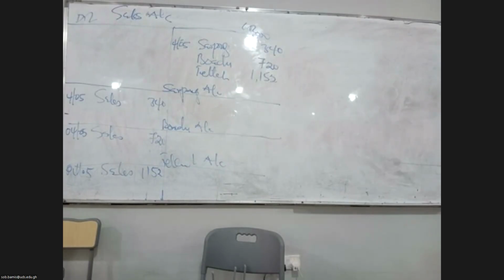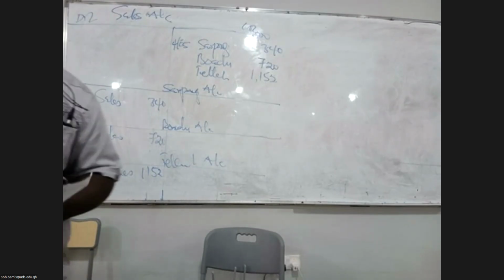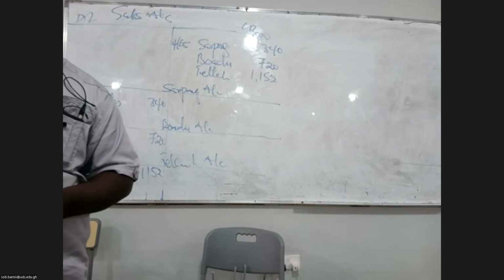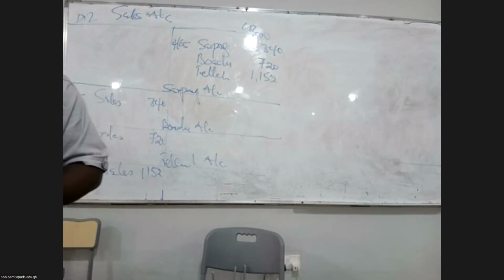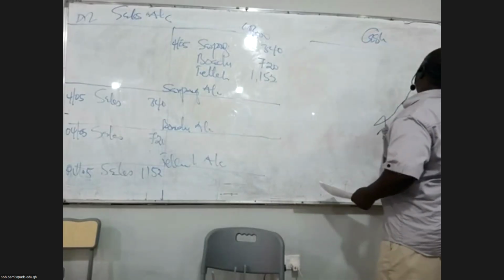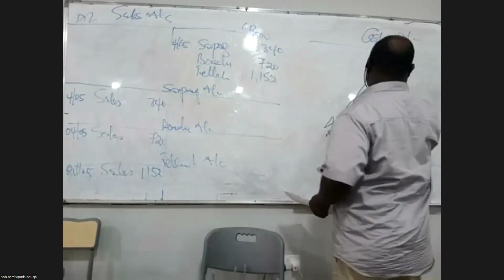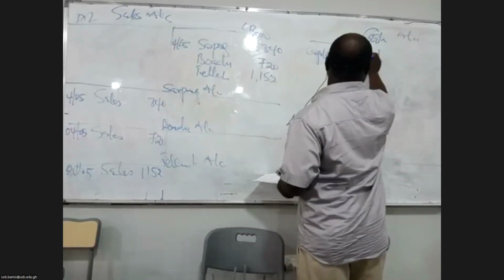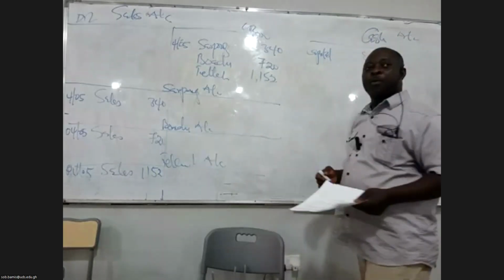6. Rent paid in cash. We ask ourselves, the major accounts involved in this transaction. Rent in cash. So already we have a cash account. In our cash account we have capital giving us 800.